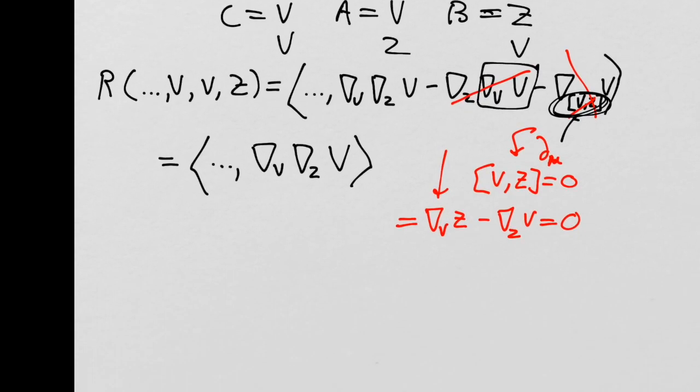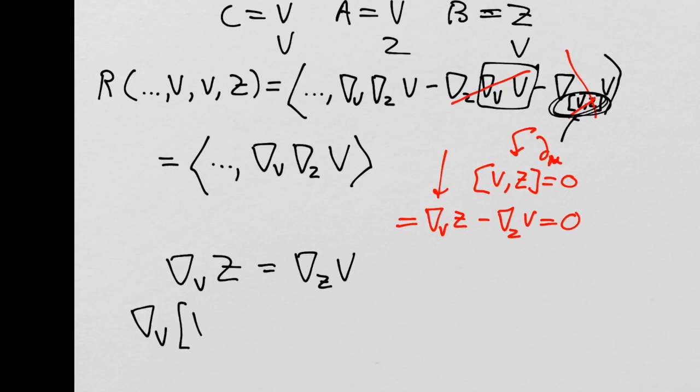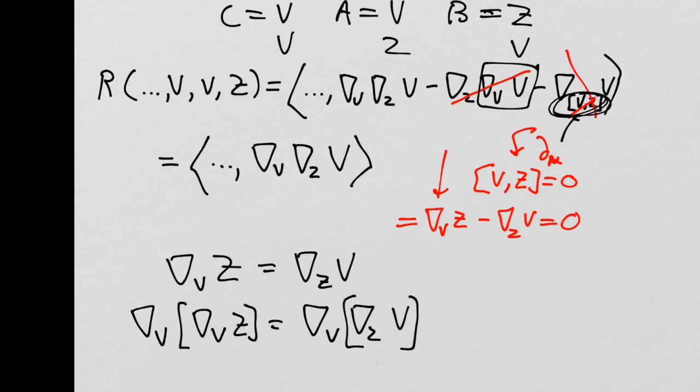And the reason this is important is that now I can write that the covariant derivative in the direction V of Z equals the covariant derivative in the direction Z of V. And then I take the covariant derivative of both sides with respect to V. So I can write the covariant derivative in the direction V of the covariant derivative in the direction V of Z equals the covariant derivative in the direction V of the covariant derivative in the direction Z of V, right?